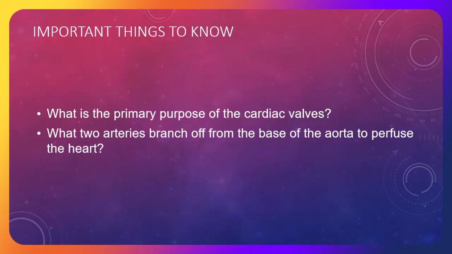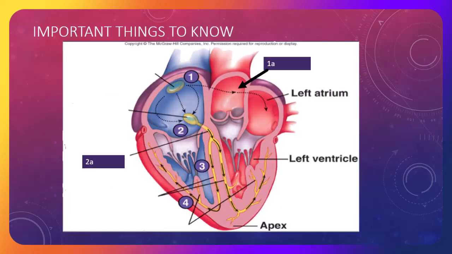If we have regurgitation, let's go back right here. So if we have blood that is coming from down in here, and then it comes down in here, and then instead of going out through the pulmonary artery, it gets squirted, technical medical term, squirted back up into the right atrium. What's not going to happen?